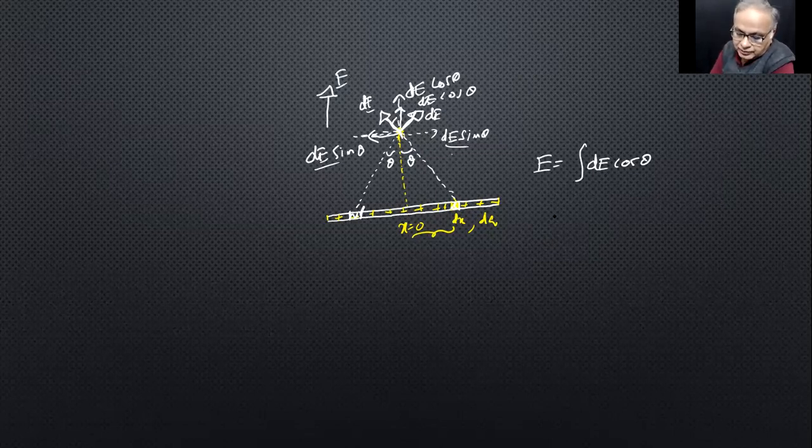But what is dE? K dq by, let me say this is R, K dq by R square cos theta. I should get all my variables in terms of theta naught. My result should be in terms of theta naught, which is the angle the edges make.